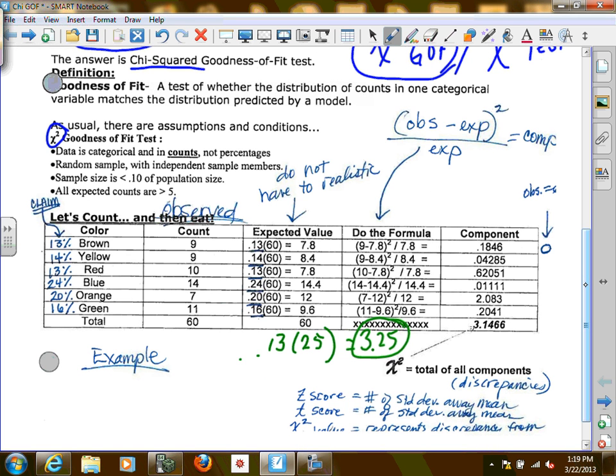As always, we have conditions. Let's see how they differ from conditions we've done in the past. You actually don't have to write this one out. You just need to mentally check that the values that you have are actual counts.